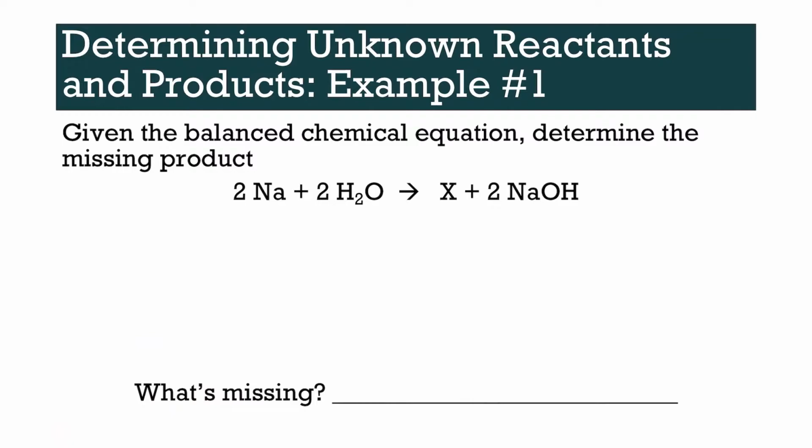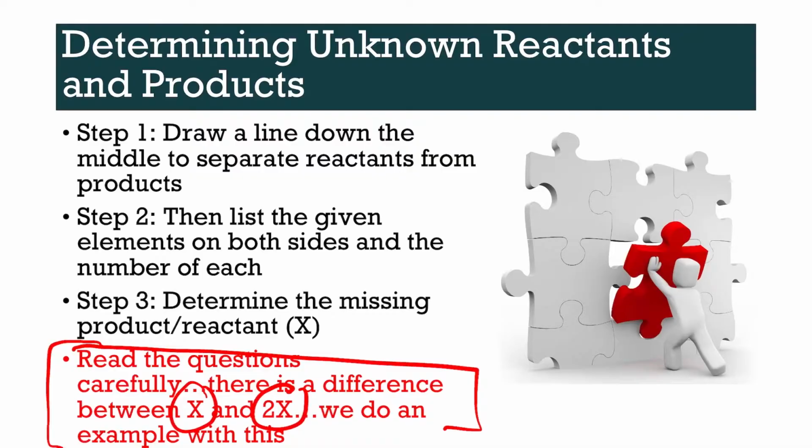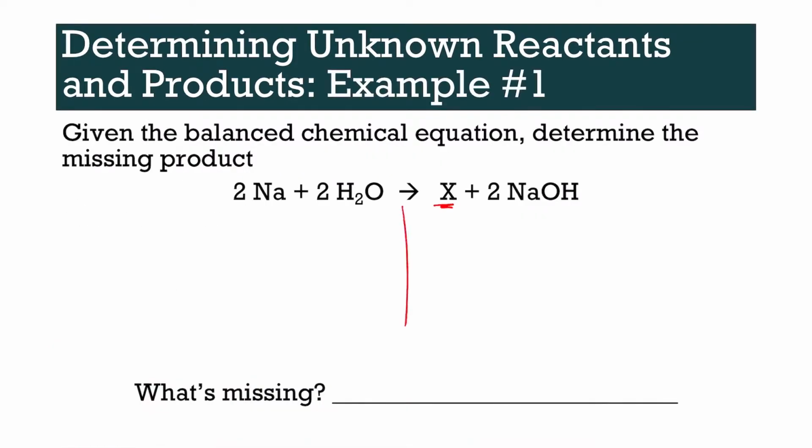Here is a chemical reaction: 2 Na plus 2 H2O gives us x and 2 NaOH. Our job is to figure out what x is. Our steps were to list out what we have and then figure out what we're missing. You're starting off as if you were balancing an equation.